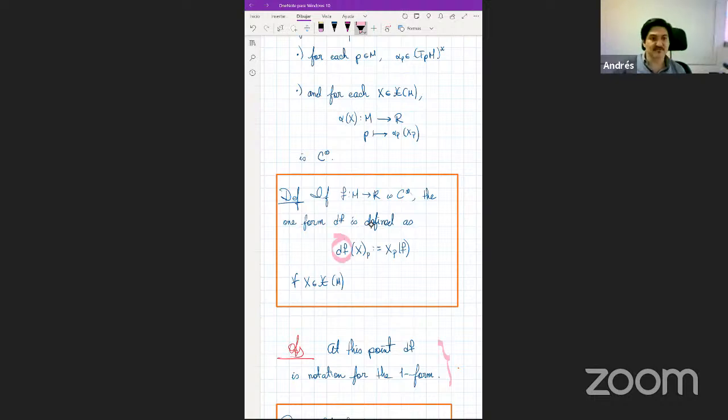This is notation. Later on, it will change, and just to make it clear, it will be like this: an operator applied to a function, but that will come later. So far, we only have that one form, df.